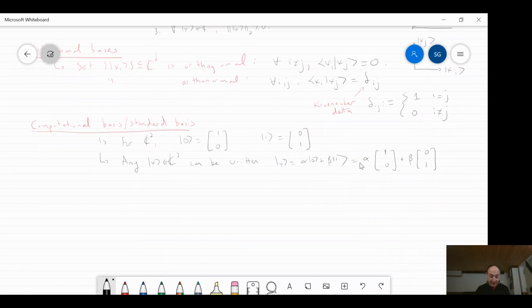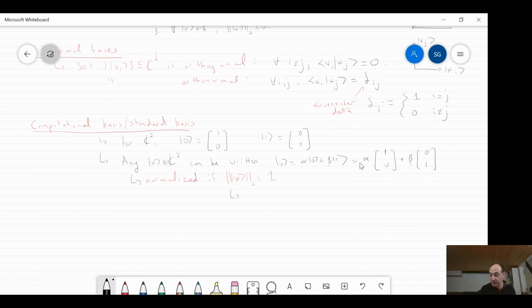But the nice thing is, let's just see what happens, right? So normalized: if the 2-norm of psi is equal to 1, okay, so it's a unit vector.